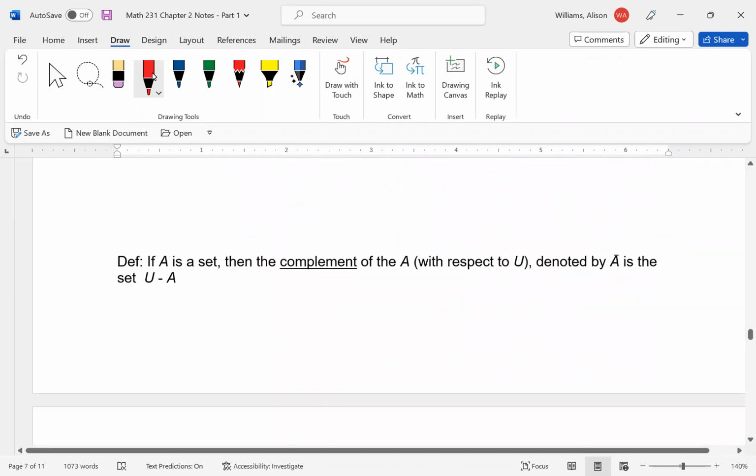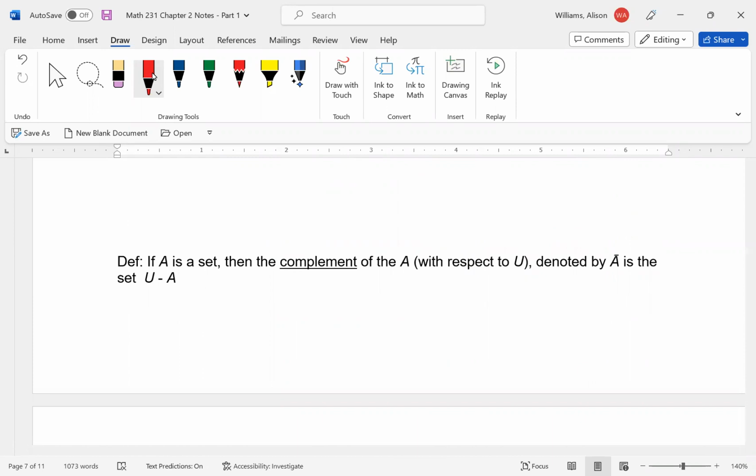Okay, the complement, and this is with respect to the universe that we're looking in. The complement is everything that's not in A, everything that's not an element of A. So there's a couple ways to write the complement.